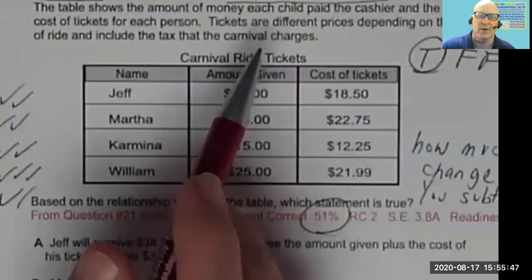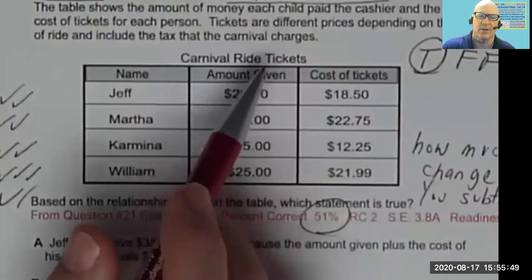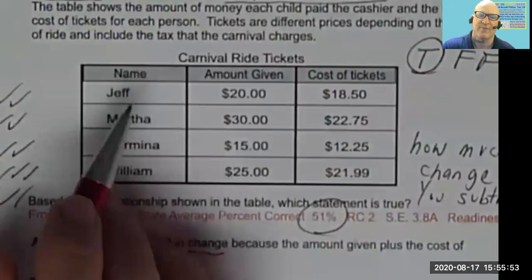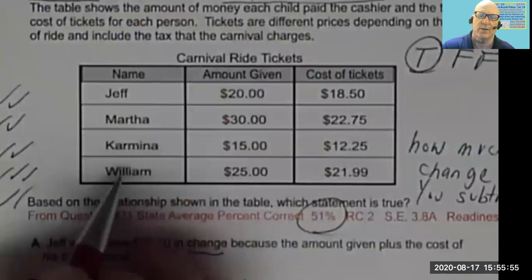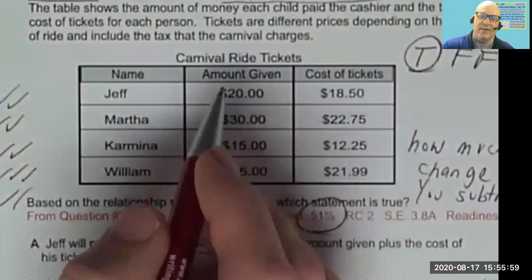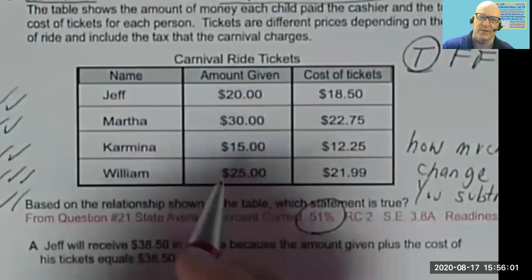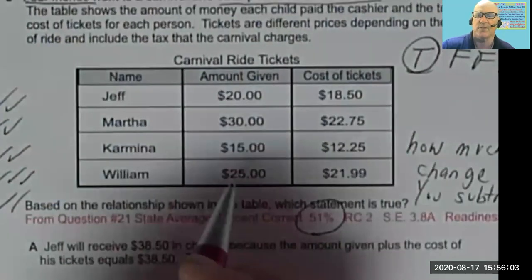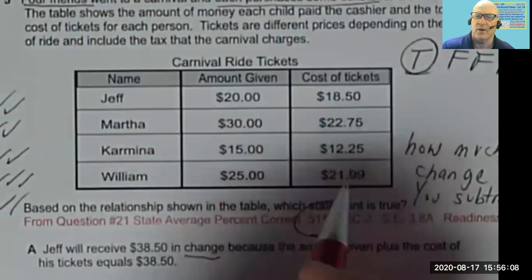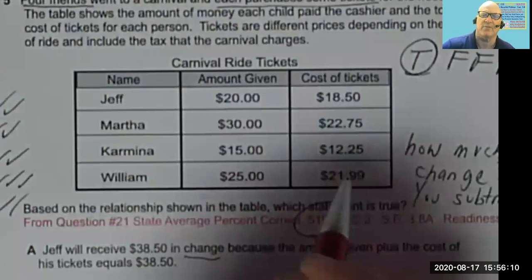Some kids went on some carnival rides, and they bought some tickets. Their names are Jeff, Martha, Carmina, and William. The amount that each student gave is listed in the first column of numbers, and the cost of the tickets that they purchased are listed in the second column of numbers.